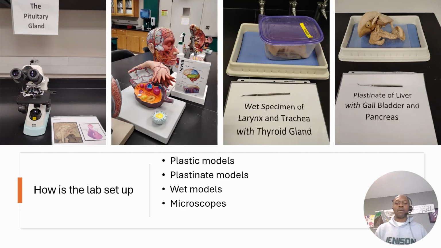So, how is the lab set up? What would you see in lab when you come in this week sometime? You're going to have microscope stations where you'll be required to look at the histology, the tissue setup for different organs. That's the first one on the left. Then you have physical plastic models of different organs.